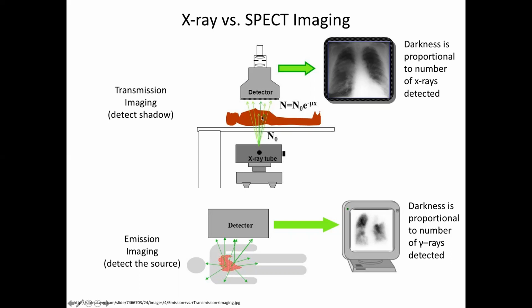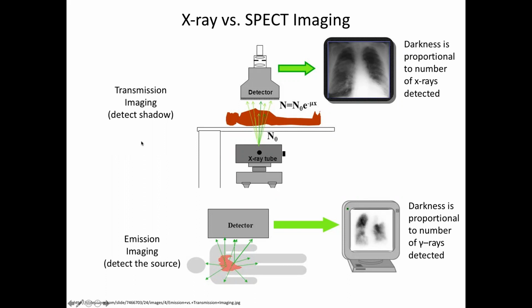And so those X-rays that get through the patient hit the detector. Those X-rays that are absorbed by the patient don't hit the detector. And so what you get here is a shadow, right? And that's your image, the shadow cast by the patient.